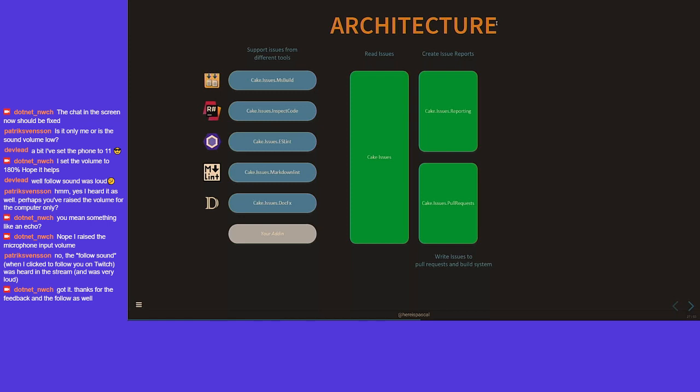There's Cake Issues MsBuild, which is capable of parsing log files created by MSBuild in different formats, being by MSBuild Extension Logger, which creates XML, or if you create a binlog file, you can throw it at this and then read the issues.